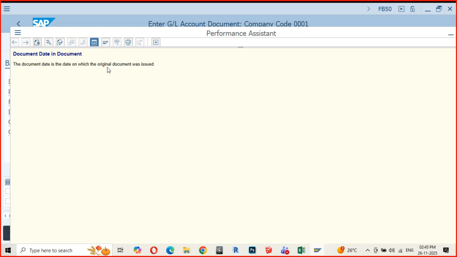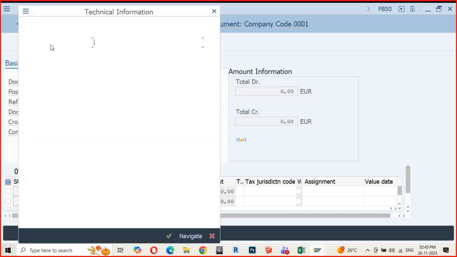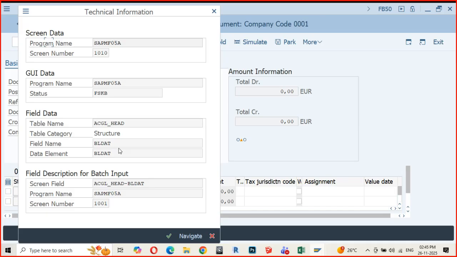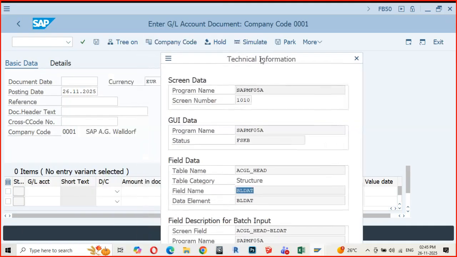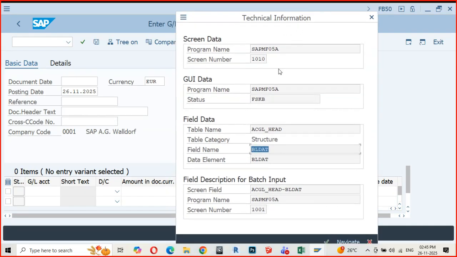Perfect. I'll go to the spanner symbol, where it says technical information. Click. And it takes me to the field name. I am looking at a document date, which is called BLDAT in SAP.